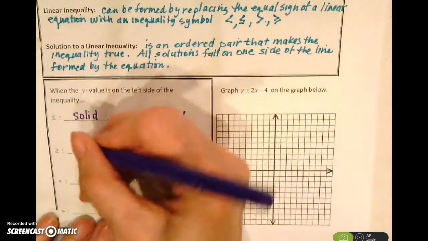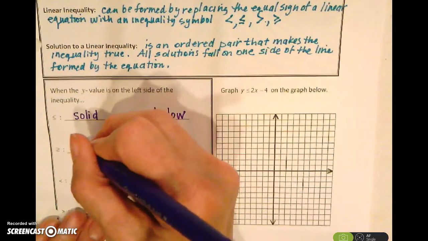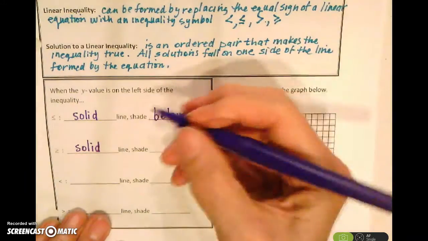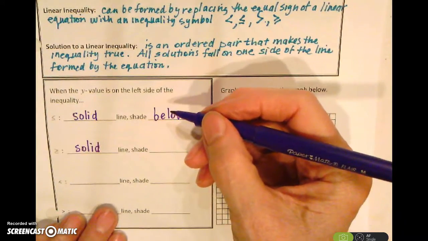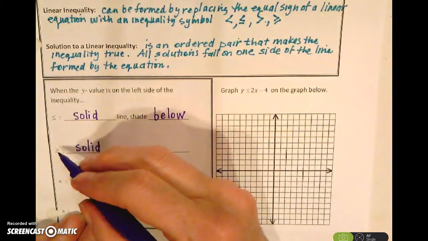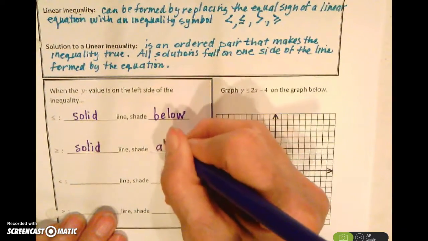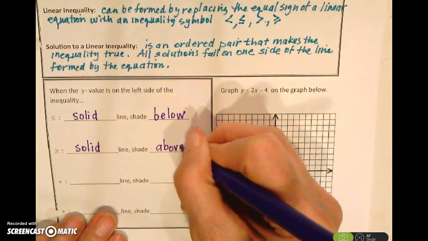When I have a greater than or equal to, again, because of the equal, the line itself is a solution. So I'm going to indicate that by drawing a solid line. Every point on the line is going to be a solution. And because it's greater than, I'm going to shade above the line.